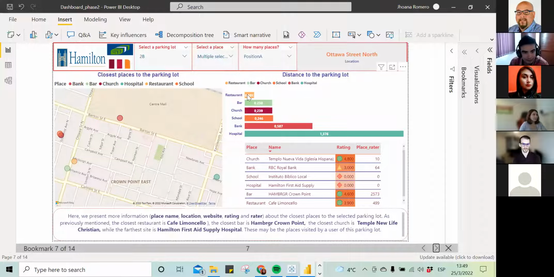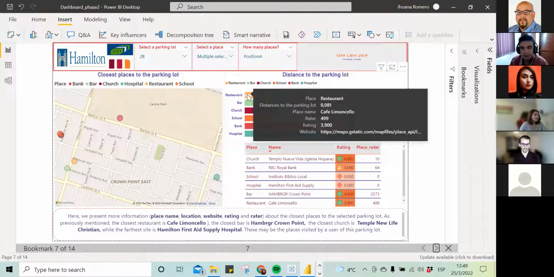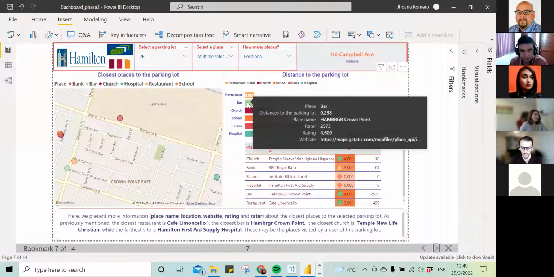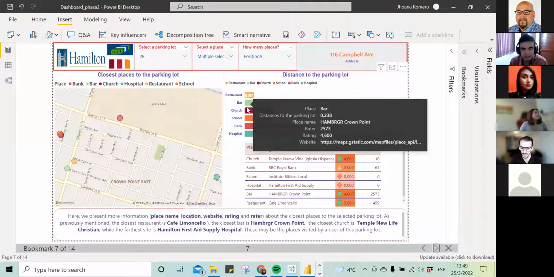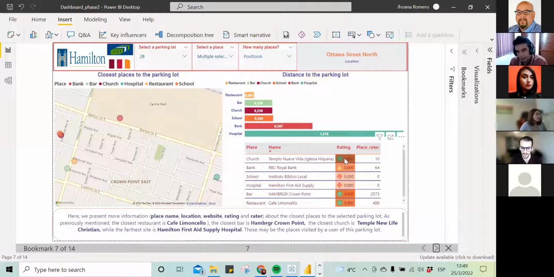Here is the map for the same parking lot, which, as I have mentioned, uses information from the Google Maps API. We get the restaurant, which corresponds to the yellow circle, and then a bar, which corresponds to the green one, and so on: the church, school, bank, hospital.